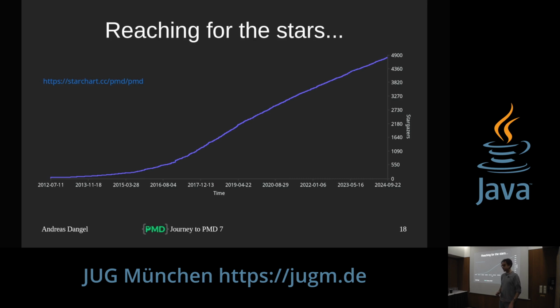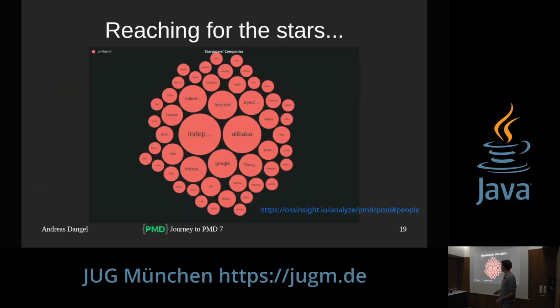But there's another, so this is from StarChart, which just queries the GitHub API and figures out when the users star the repository. But there's another page which provides different analysis on the GitHub data, and this is OSS Insight.io. That's actually a demo page for a big database, because they load real-life GitHub events into a database and do a query on these billions of rows.